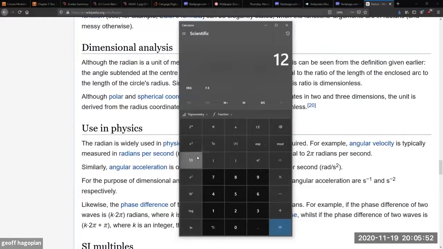Where's the square root? Do we have to go second here and get a square root somewhere? Is there already a square root here? I can never find anything on this calculator. So they got y root, they got cube root. I don't see a special square root button.